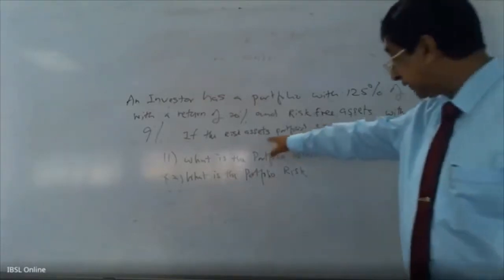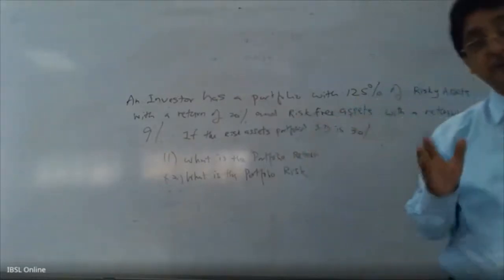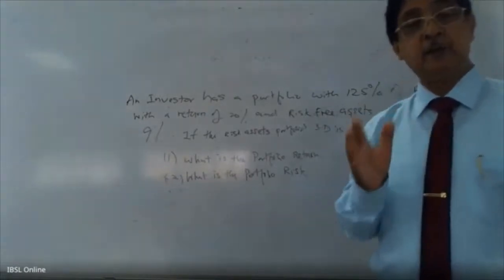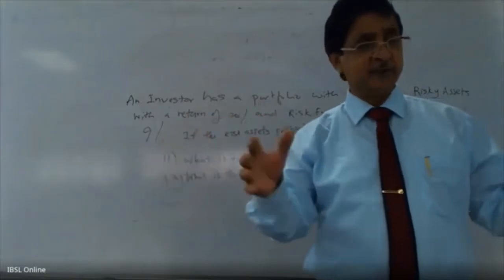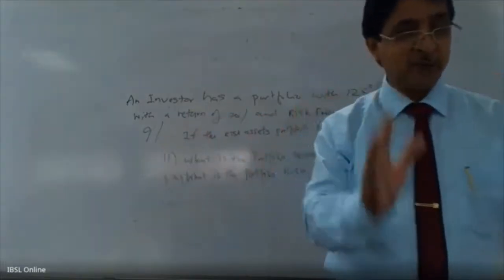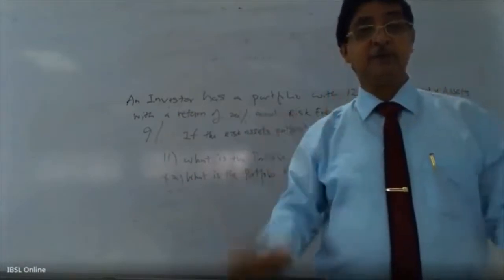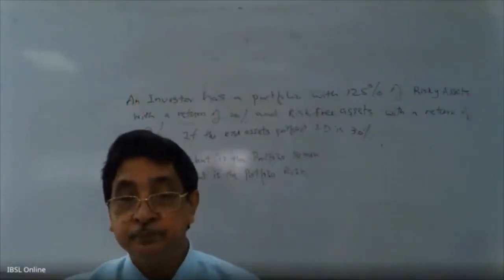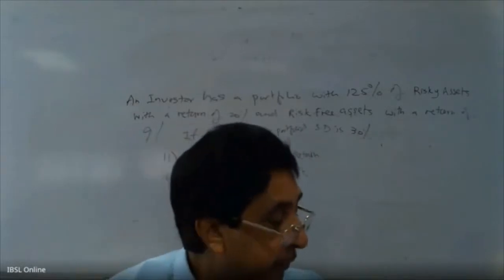The risky assets portfolio's standard deviation is 30%. So what you need to do is first calculate the portfolio return with risky and risk-free assets. Not only that, you have to calculate the sigma, or standard deviation, of the portfolio also. Try to do it.